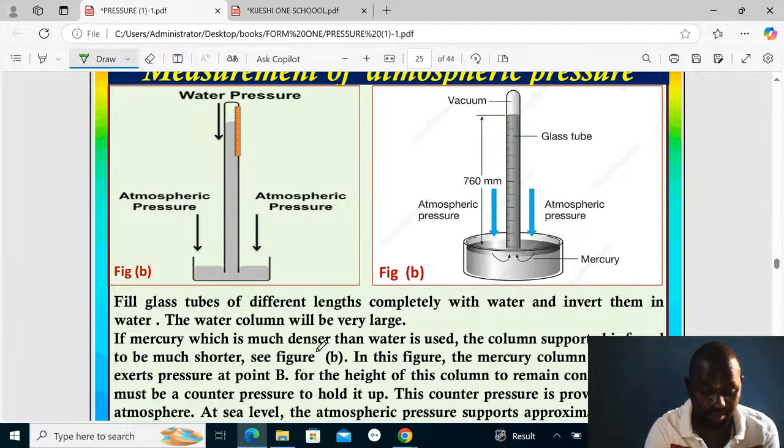The difference comes as a result of density. Mercury is over 13 times denser than water. Therefore, it brings a low column compared to water.